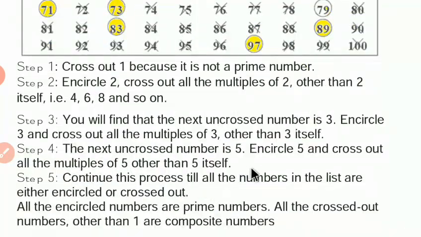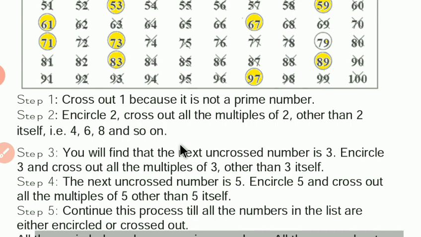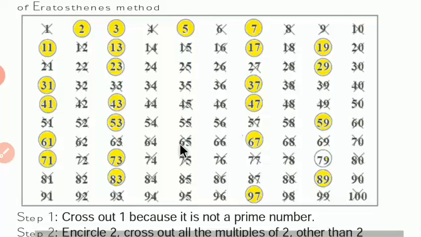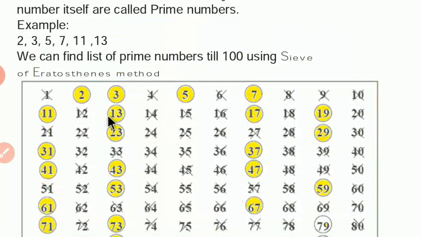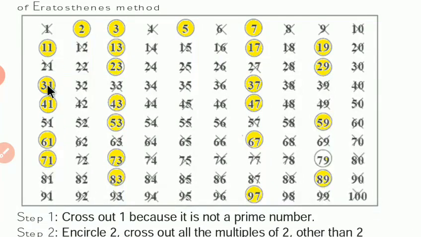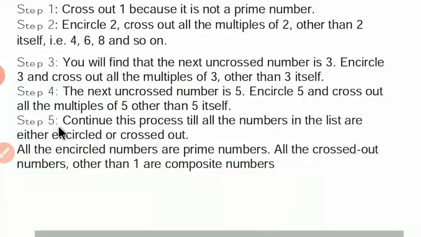So continue this process till all the numbers in the list are either encircled or crossed out. You have to see the numbers which are not crossed in the multiples of 2, 3, 5 and 7, and continue till all the numbers are covered. The numbers which are encircled are known as prime numbers, like 2, 3, 43, 53, 67, 97.